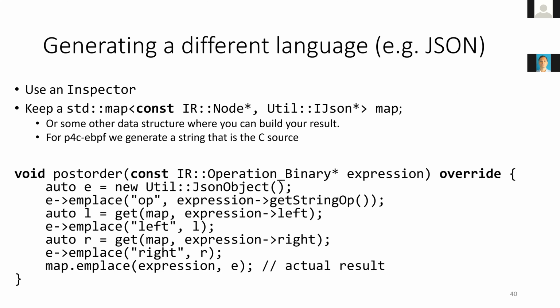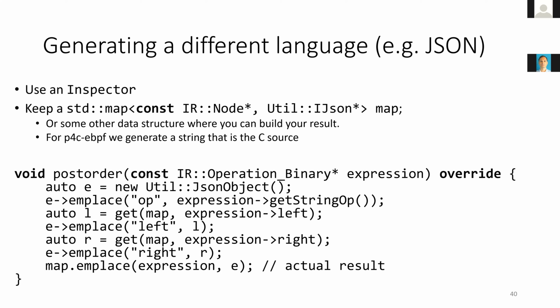And the last technical slide was, okay, so all the transformations I've shown so far will convert a P4 program into another P4 program using the same intermediate representation. But when you write a backend, you need to generate something new. You don't need to generate P4 anymore. So there's actually quite a few examples in the repository.